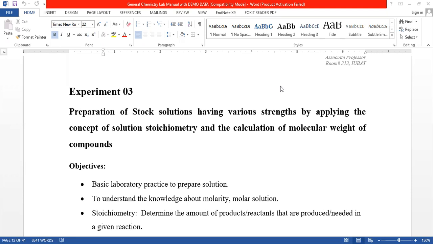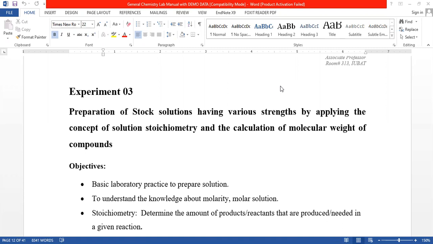Now how can we define the solute? The component which is present in less amount in the solution is called solute. The little amount that we are using in a solution is called the solute. And solvent, large amount. The component that we are using in a large amount to dissolve the solute is called the solvent.